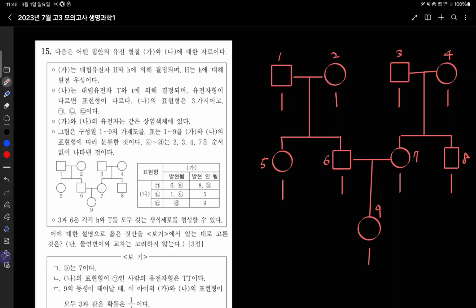And there is a pedigree for the family with 9 individuals. And the table shows the expression of the first trait as well as the second trait.